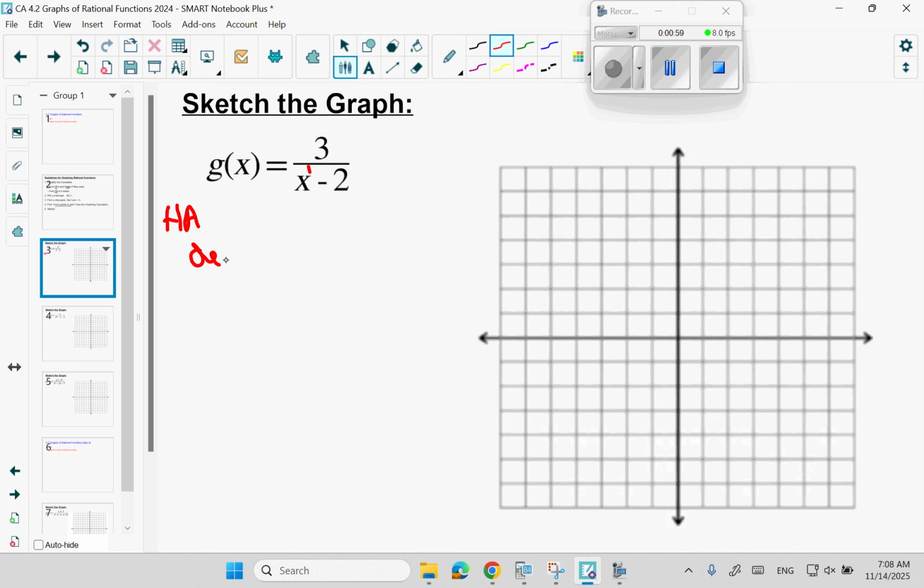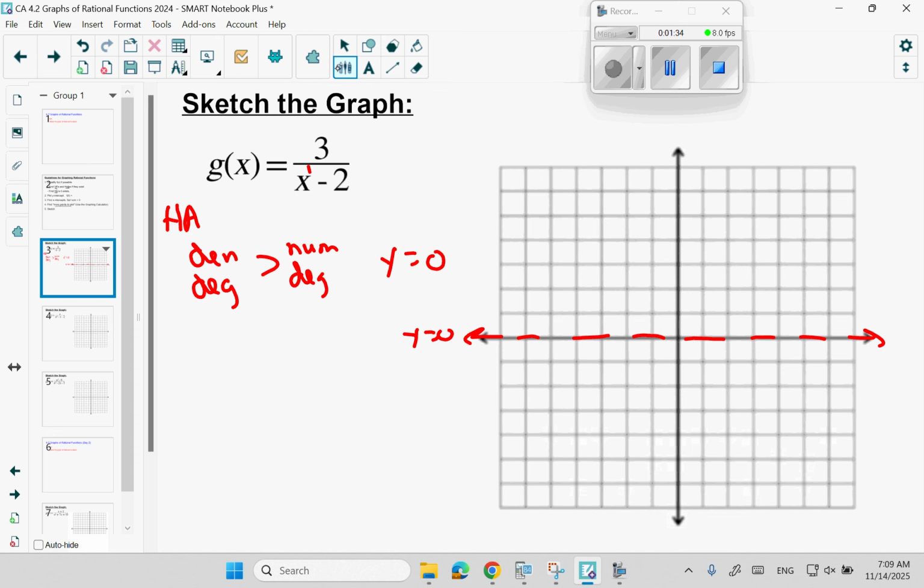So because my denominator has a higher degree than my numerator, my default horizontal asymptote is going to be at y equals 0. It's important to say why the default one, because if I had something like plus 2 on the outside, this would cause a horizontal shift up to 2, but for now, we'll just say y equals 0.